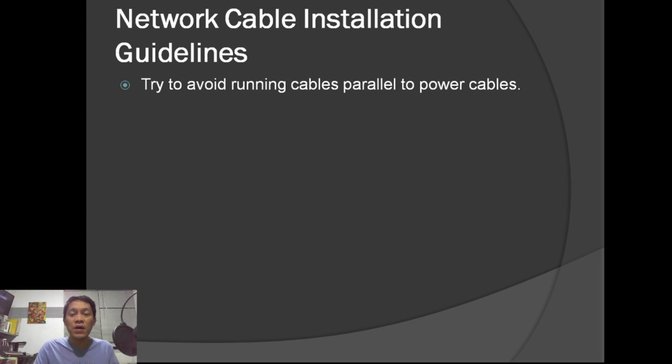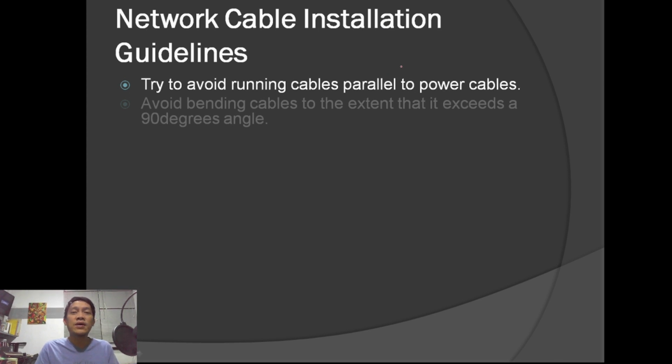Always remember that parallel cables produce EMI, or the electromagnetic interference. The electromagnetic interference can cause problems to your network data transmission. So as much as possible, if you have a power cable, wag nyo isasama yung power cable on the installation.